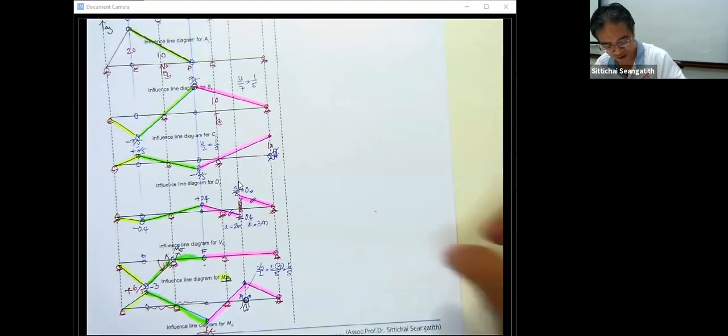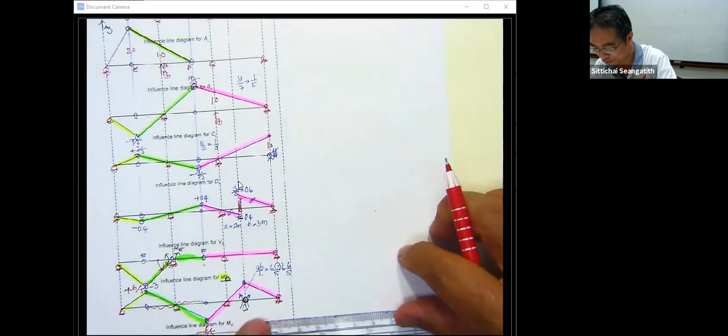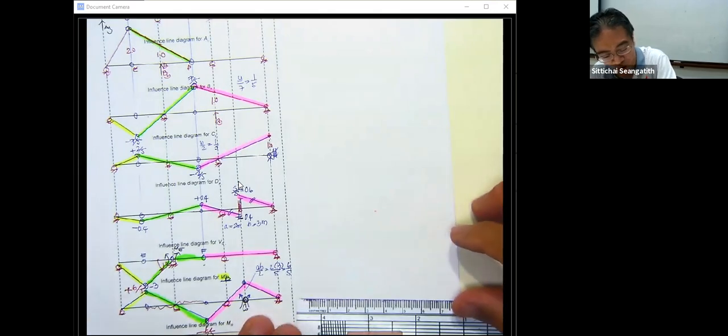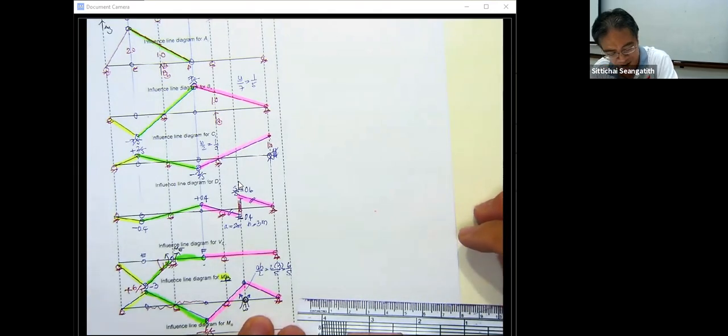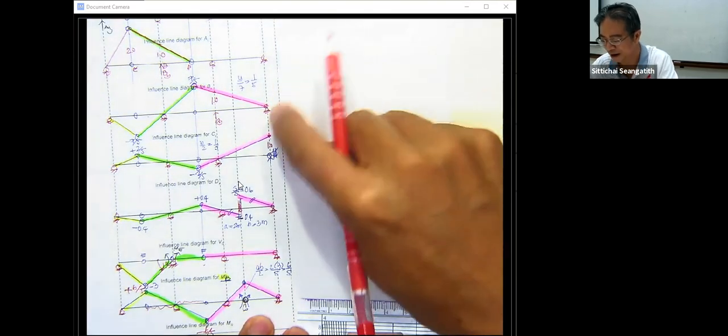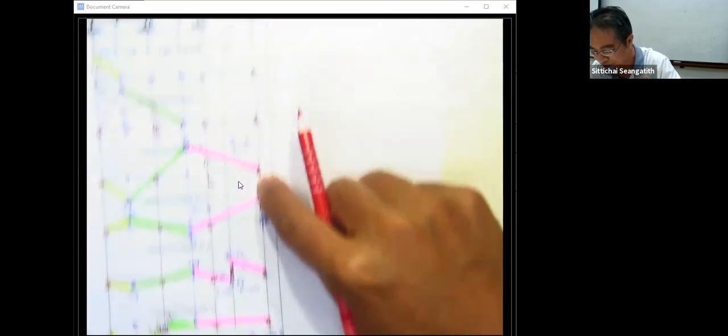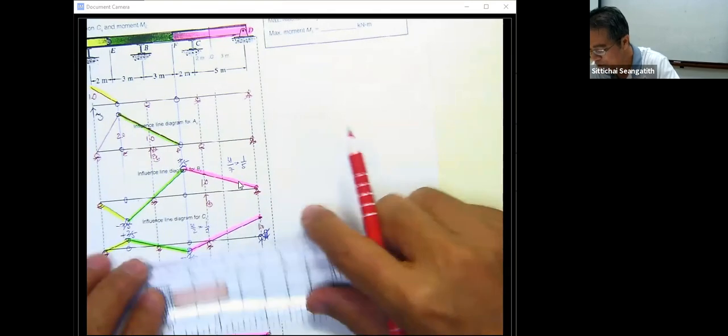Now, can we put the load onto the beam again? Let's see. We would like to find, let's see, this one for C sub y. This is 8.5.